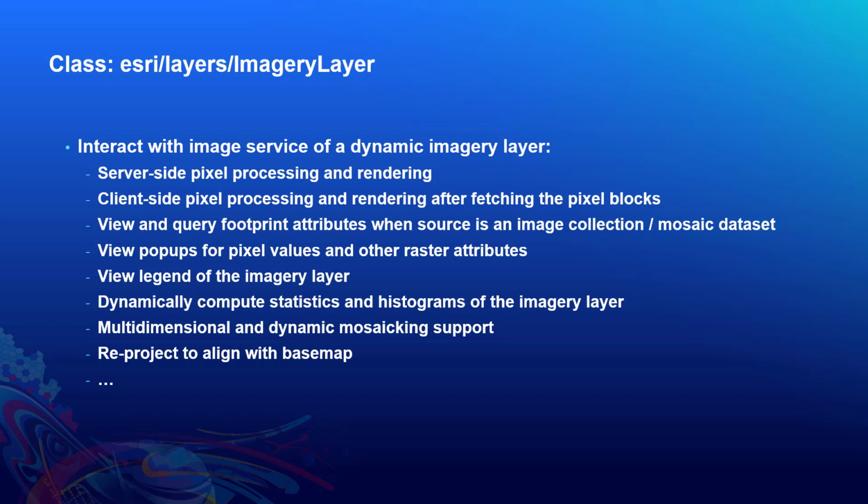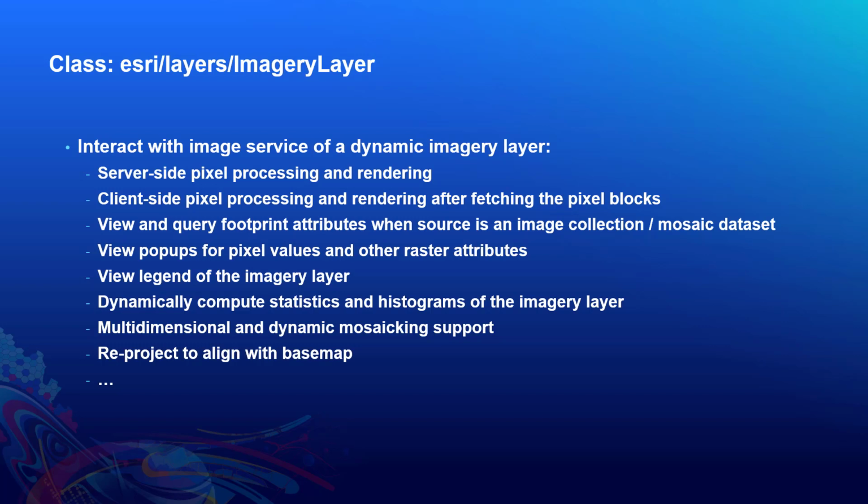On the other hand, you can use the pixel filter property to get the pixel blocks of the dynamic image service. And with the pixel blocks you have, you can do extra customized processing at the client side.